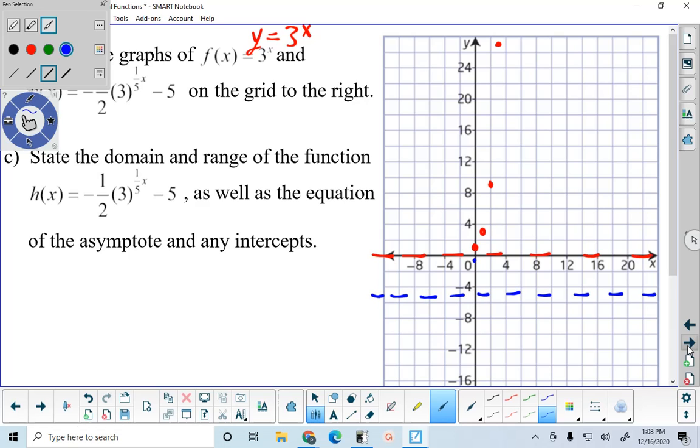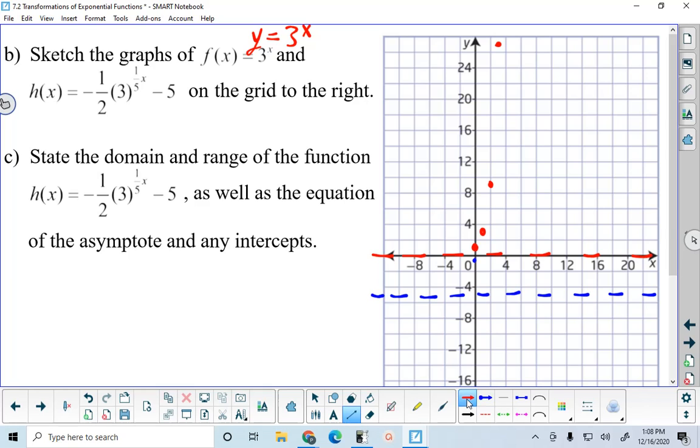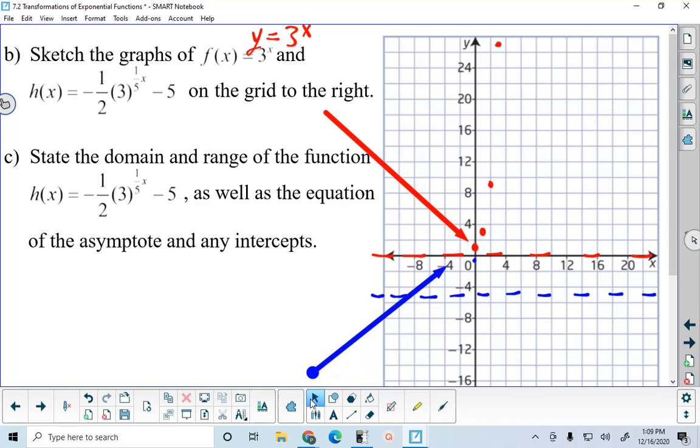And this is very difficult to explain long distance, but if you take a look at this point, which is this point after being reflected vertically and stretched by 1/2, that blue point is now 1/2 below the asymptote. And if I take that blue point and shift it down 5, down 2, down 4, down 5, it's going to be 1/2 below that blue asymptote. You might have to get really close to your screen to see that.